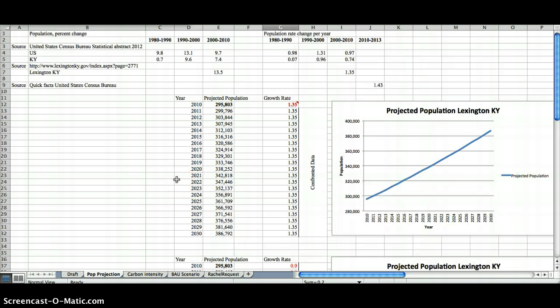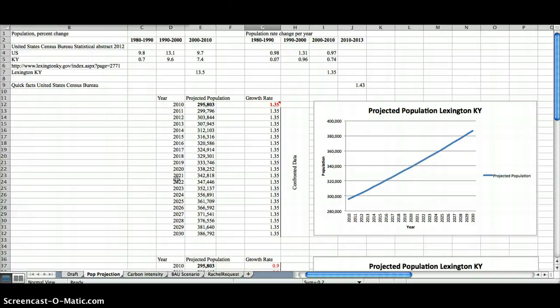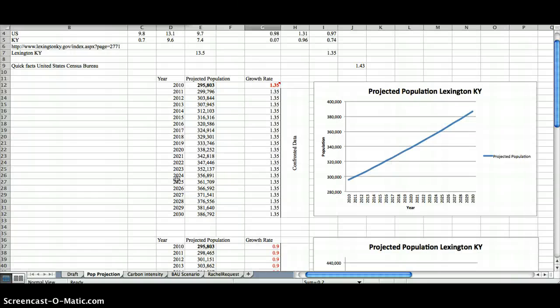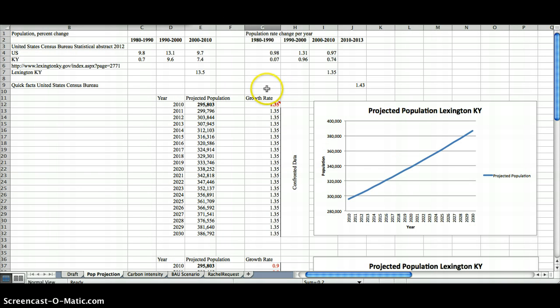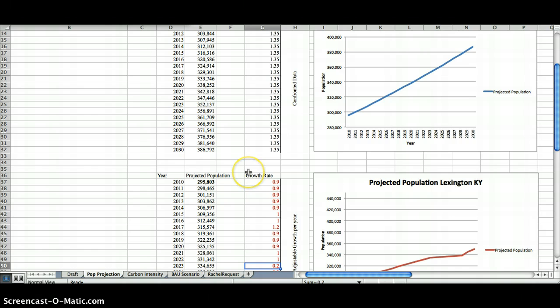For the population projection worksheet, we can have both options. Yes, assuming a constant growth rate, or a growth rate year per year.